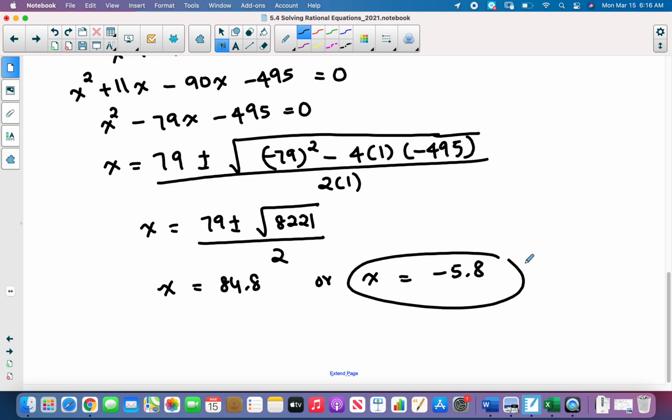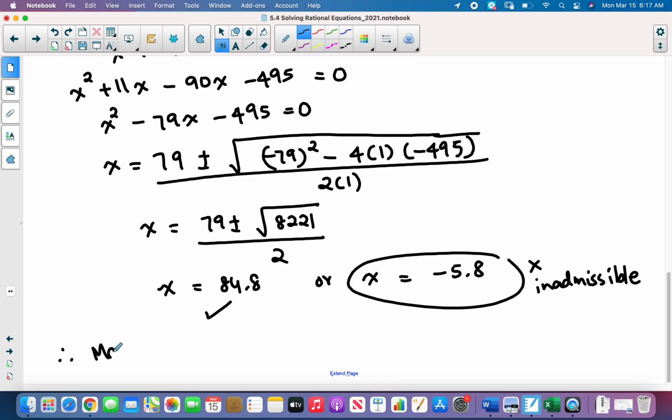So this value is inadmissible because you can't have a negative value for time. So we're going to take this value. This would be the time Mark takes, which, if you round up, is about 85 minutes.